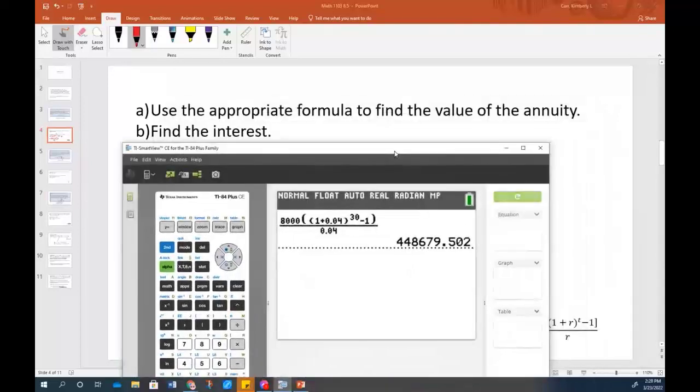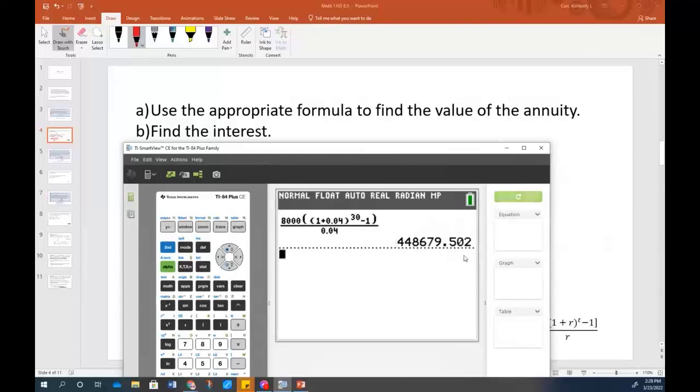Now, it says find the value of the annuity. One more time, depending on what it tells you to round it to, now the value is going to be $448,679.50. However, if they ask you to the nearest dollar, this is different than what I just mentioned.